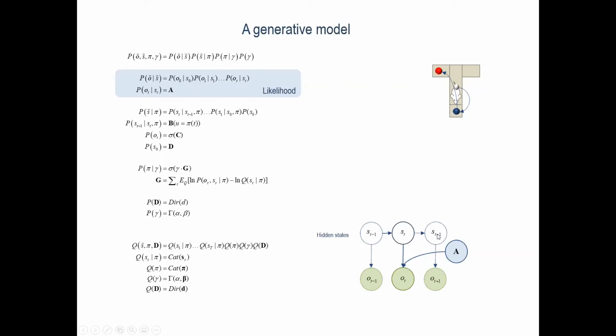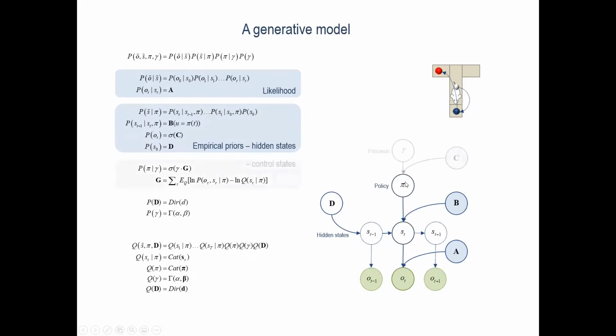That's just shorthand for a generative model of discrete states that generate discrete outcomes via a likelihood mapping, where the transitions among states depend upon probability transition matrices, usually denoted by B, that depend upon the policy, and the policy depends upon our expected free energy that is defined by our log preferences, sometimes encoded in a cost matrix C that has some additional parameters modeling the precision of our beliefs about what we are going to do, the initial states, and some hyperparameters should we need them.